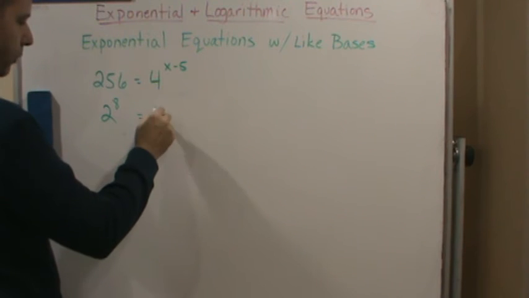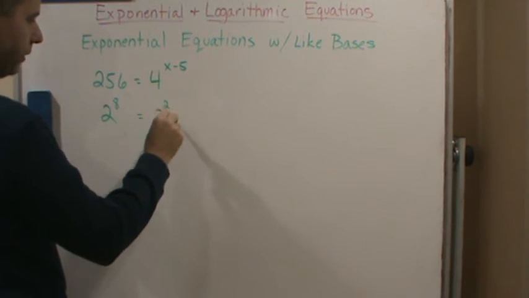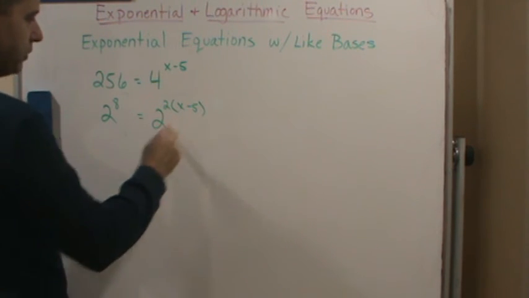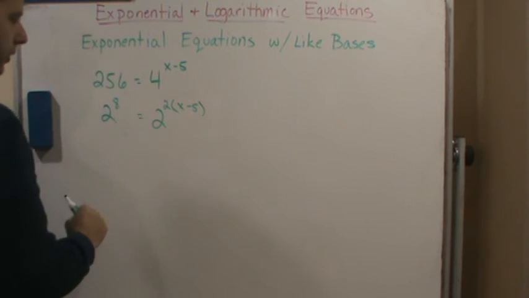And then, of course, I could write this as 2 to what? 2 squared times x minus 5, using one of the power properties, or power rules for exponents. Because then we have a power raised to a power, so you multiply those.